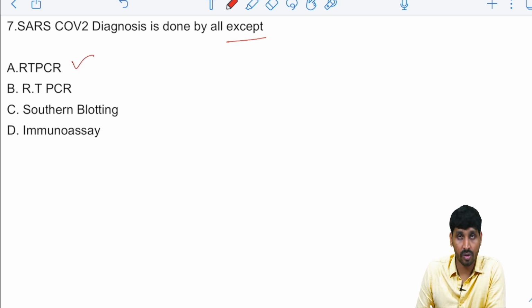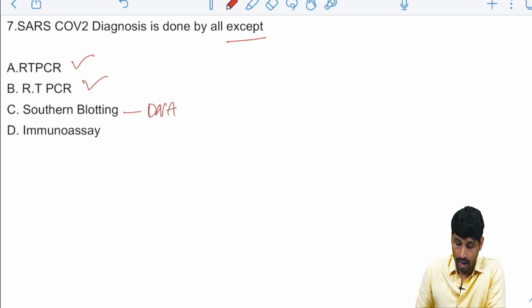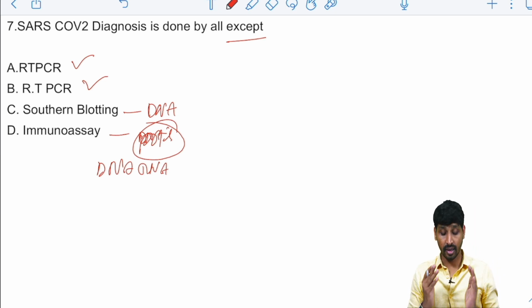Here RT-PCR is also correct, real-time PCR, and RT, that stands for reverse transcriptase PCR, that is also correct, and Southern blotting. When you come across the techniques in molecular biology, Southern blotting is used to detect DNA, okay, and immunoassay. Immunoassay can be done for DNA, RNA, protein, everything, right? But here SARS-CoV-2 is what?